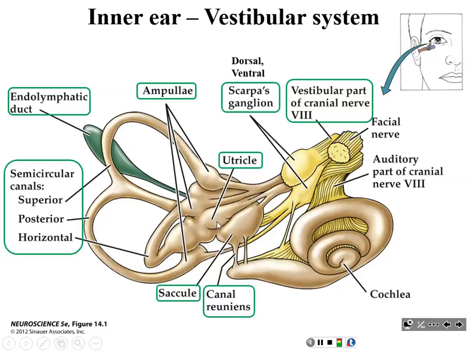At the base of this is the utricle and the saccule. And as you can see, the cochlea, the semicircular canals, the utricle and the saccule are connected by the canals reunions. And I'm going to be talking about that a little bit more later on. There are neurons in the Scarpa ganglion that extend into the sensory neurons in the semicircular canals and the otolith organs, and axons that project into the central nervous system.